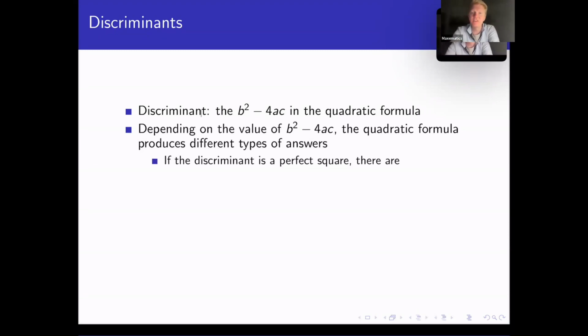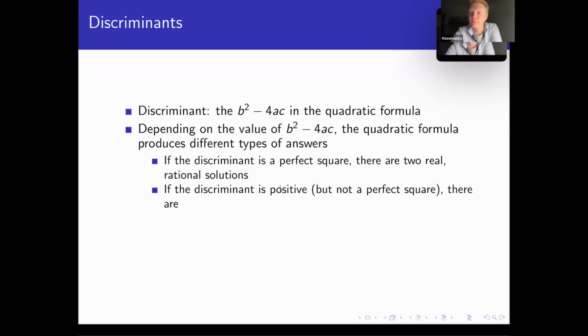Okay, if the discriminant is a perfect square, like those first two examples where the discriminant was 49, there are two real rational solutions. Go back to those first two examples where we had square root of 49 and see that we had two very nice fraction answers. They're real numbers and they're rational solutions.